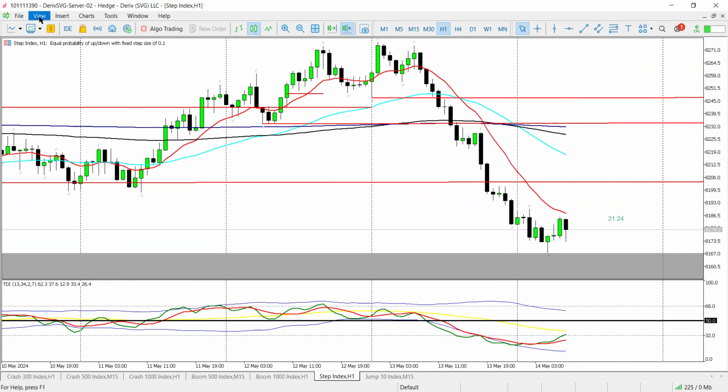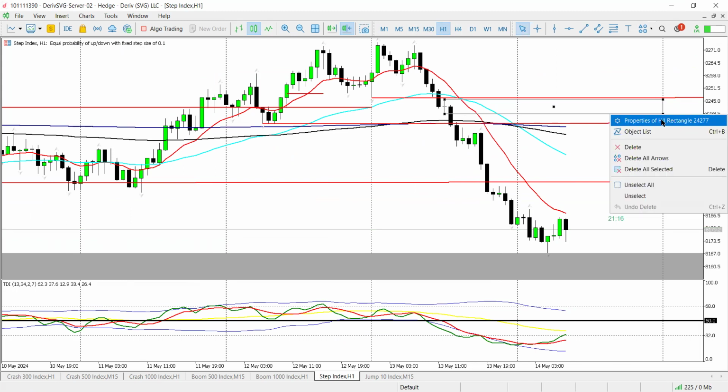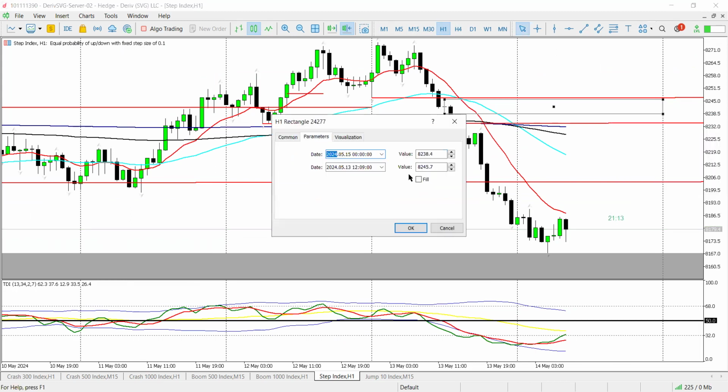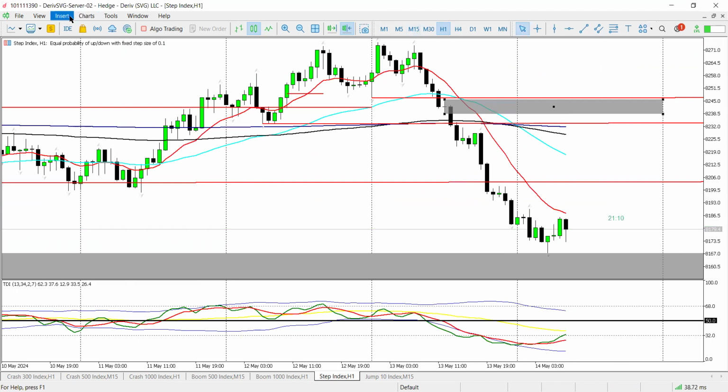If you look on the H1, points of interest, near that level which was broken, we've got this order block here. Right at the top there. Then after that, we also have another order block here. These are all points of interest. These are not sell limits.